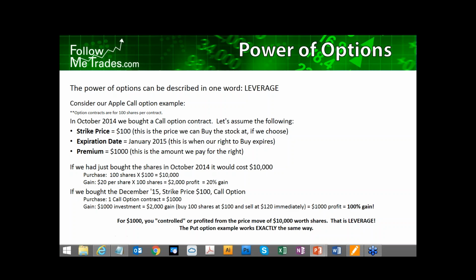That's leverage. For $1,000, you effectively profited from the price move of $10,000 worth of shares. That's like 1 to 10. That's huge leverage. The put option example works in exactly the same way, just a mirror opposite of it, down.